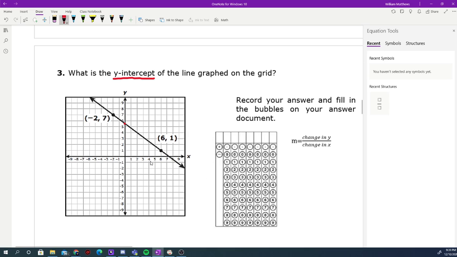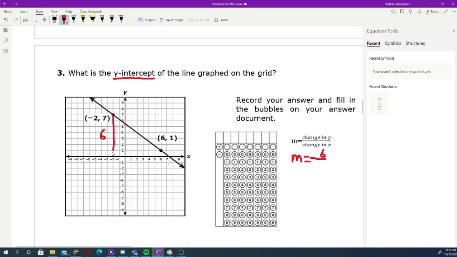If I look at my change in y, this is going downwards from the left point to the right, and I go down a total of 6 units. So I know that my slope, my m, is equal to my top value is 6, and it's going to be negative.